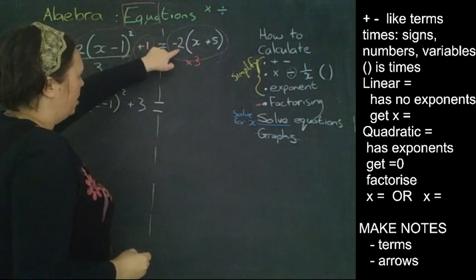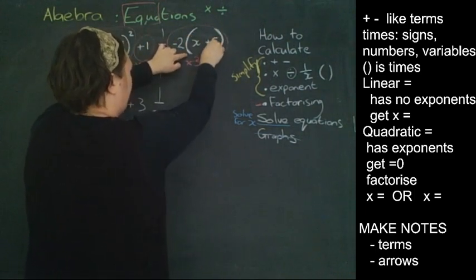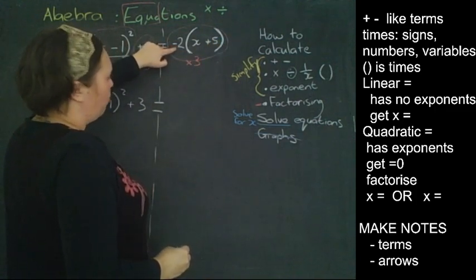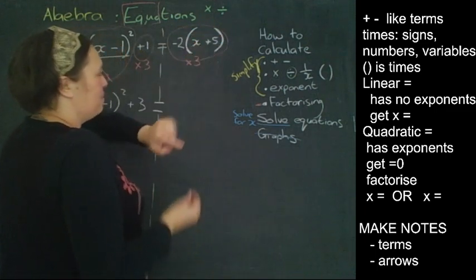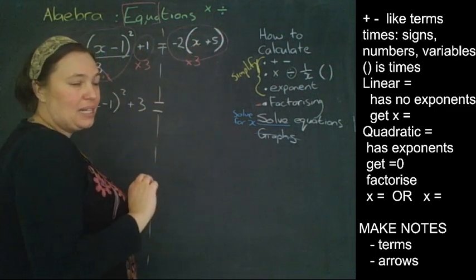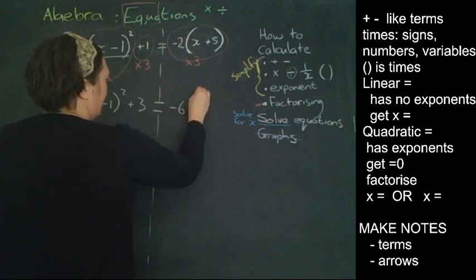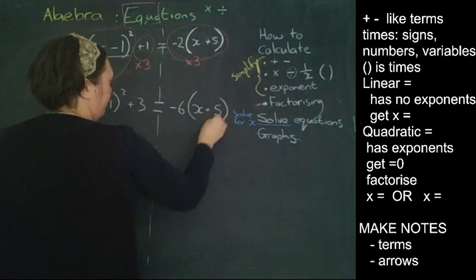Here, remember this is already times by all that, so all you need to do is times this by the front one, because this bracket already means times, and we don't want to mess with the stuff in the bracket. So here we've got minus 6x plus 5.